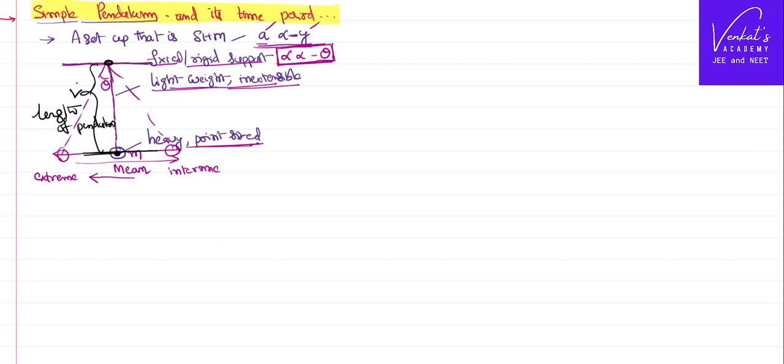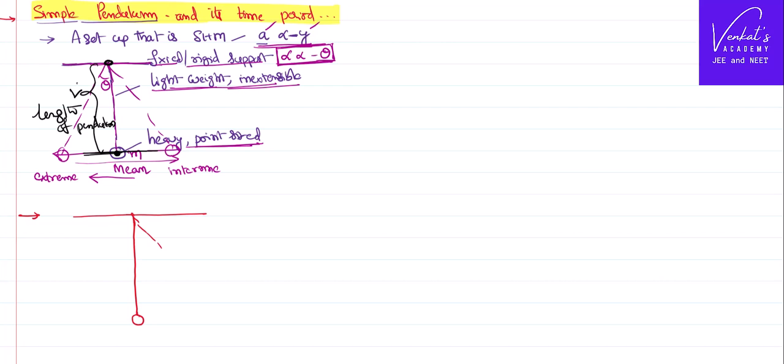So as we understand the definition of a simple pendulum, let us try to derive an expression for the time period of a simple pendulum. Yeah, let's do that. So I will redraw the diagram once again for you. A fixed rigid support, with the help of a light-weighted inextensible string, a point heavy-sized mass is suspended.